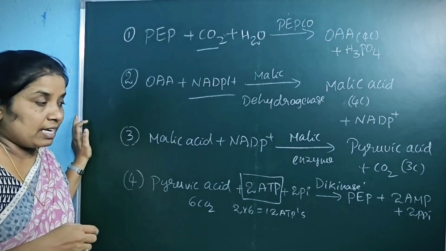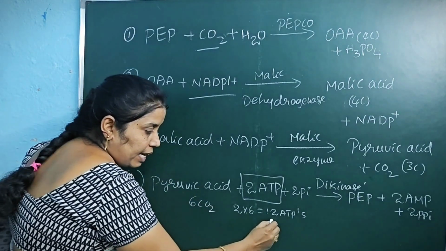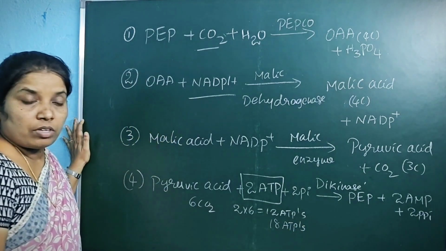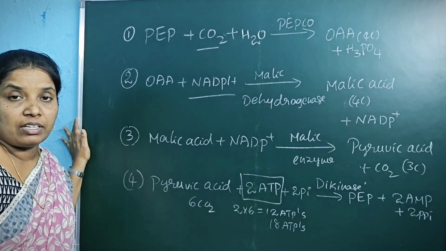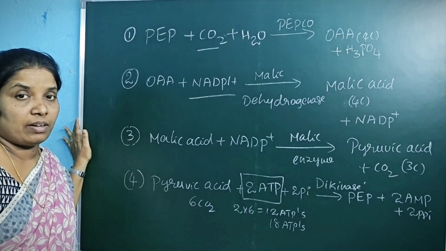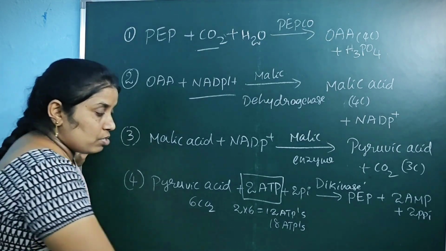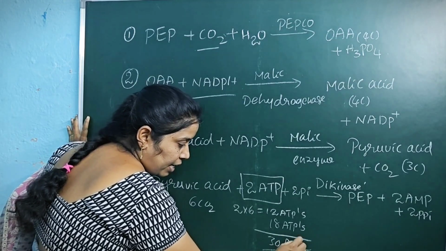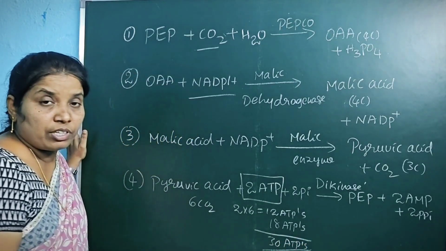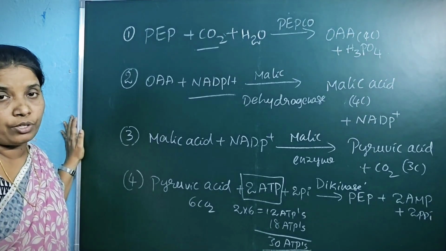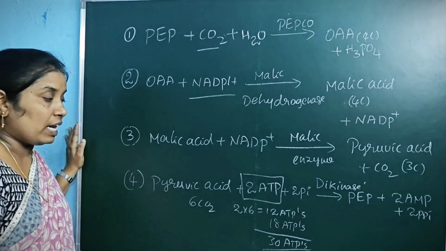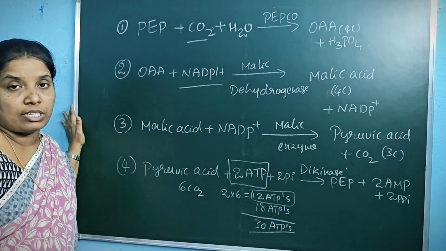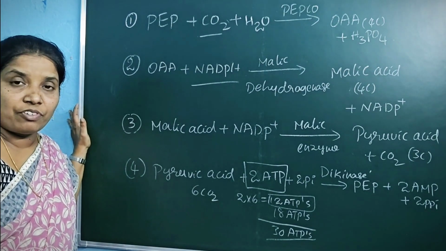For the C3 cycle, 18 ATPs are required. So totally 30 ATPs are required by C4 plants for the fixation of one glucose molecule. By spending 12 ATPs additionally, they overcome photorespiration. This is about the C4 cycle, students.